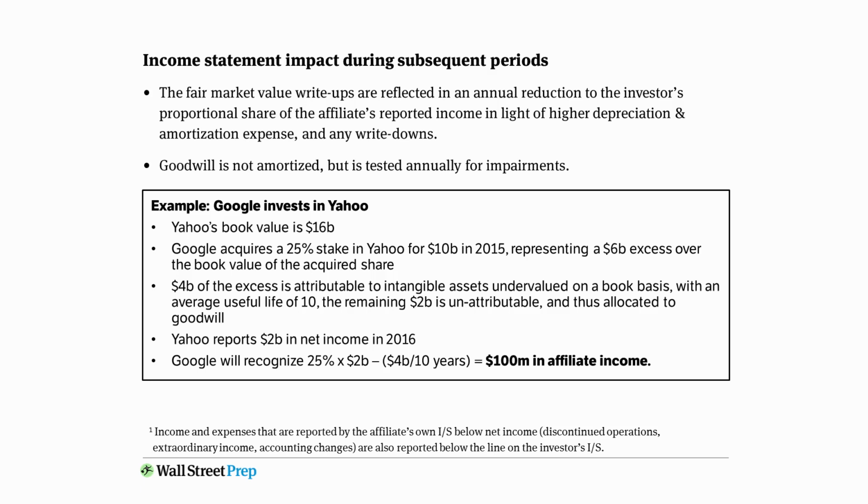But Google, as an equity investor, does recognize the write-up. This is a little bit tricky. So Google will recognize not $500 million, the 25% share of the net income reported by Yahoo, but $500 million minus $400 million in intangible amortization. The net result is $100 million in affiliate income recognized.